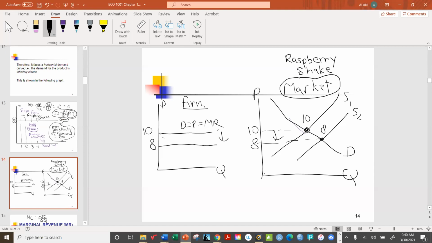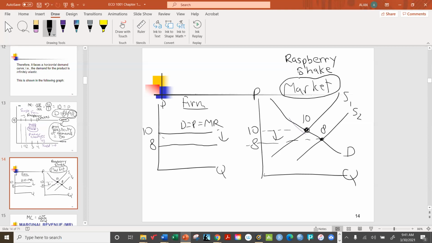And now every individual firm that sells these shakes has to charge $8. They have to, because as he said in the video, if you tried to raise the price, look how many other options you have. You could just drive anywhere in that town and get a raspberry shake for a lower price. So you cannot raise your price. You have to charge the same as everyone else.